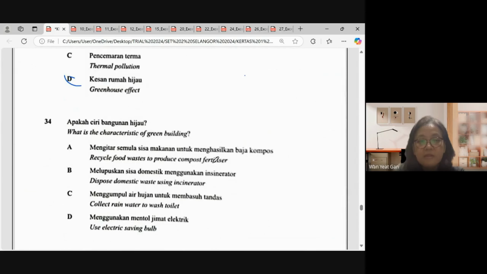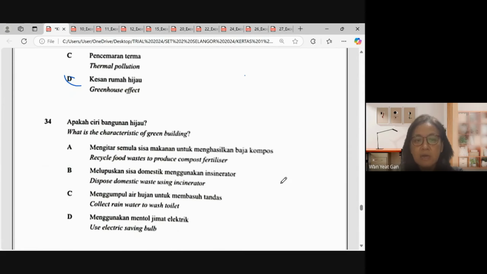34. What is the characteristic of green building? Now, a green building will have devices, or the whole building is built to minimize the degradation of the environment and also to contribute to environmental sustainability.